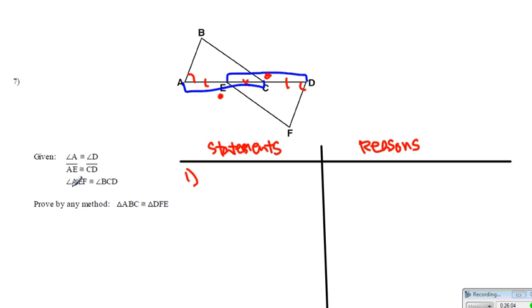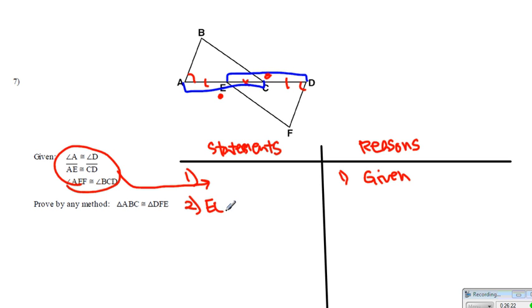First, we would write all these givens right over here, and the reasoning would have been, of course, givens. Number two, yes, we have to realize that EC must be reflexively congruent to another EC, the reasoning being reflexive.